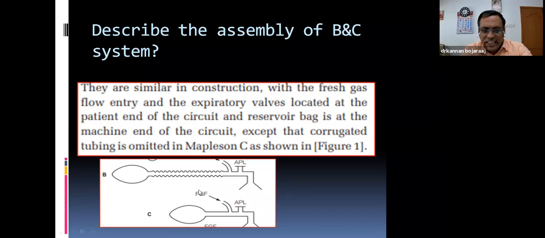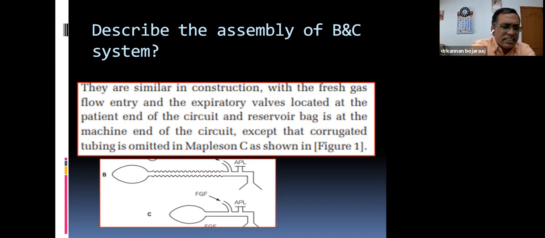With Mapleson C, there is no hosing present here. There is the reservoir bag, fresh gas flow, APL valve, and the patient end. The system is similar to Mapleson B except for this tubing, and it is inefficient for both spontaneous and controlled ventilation, requiring 2 to 3 times the minute ventilation of the patient, so it is not used.